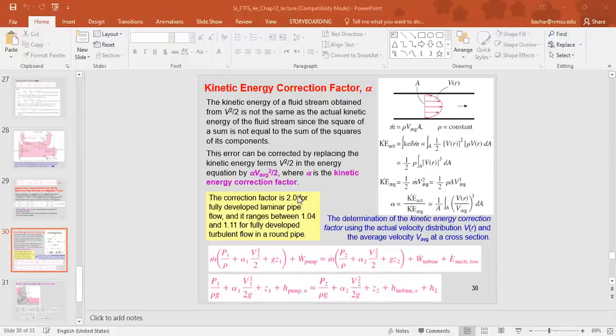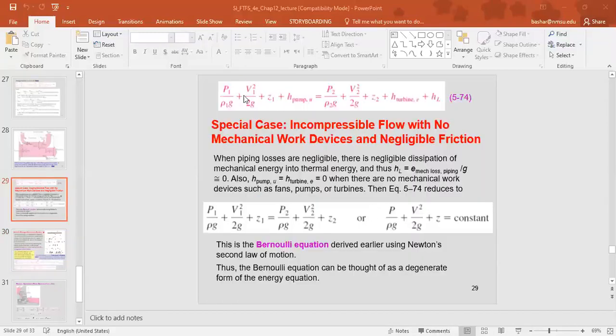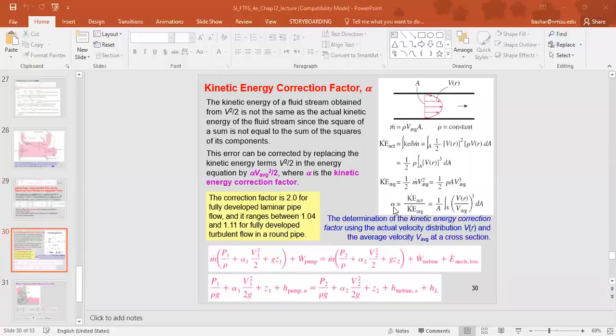So this average velocity needs to be converted to the actual velocity by multiplying by the kinetic energy correction factor. Here, this is the velocity head, so it needs to be multiplied by the kinetic energy correction factor.